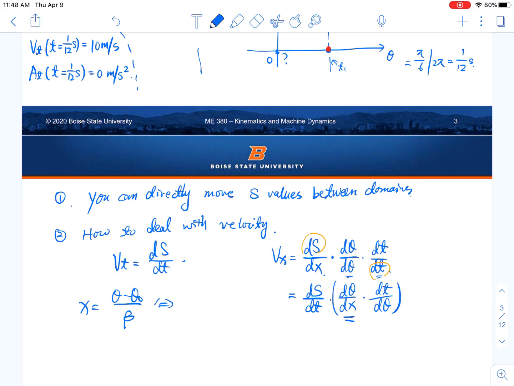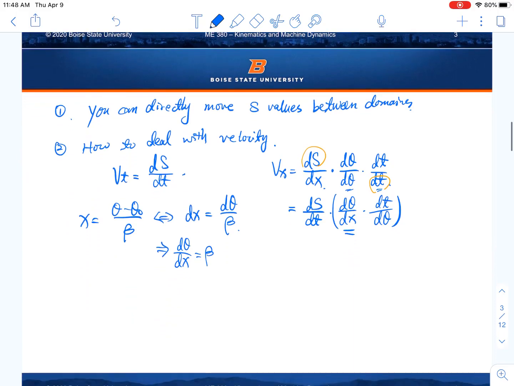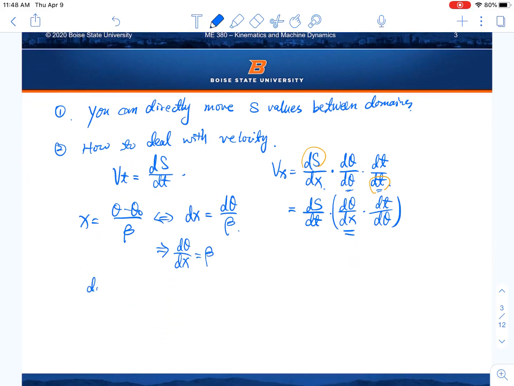If you're taking the derivative on both sides, you have dx equals d theta over beta. Because your theta naught is a constant, it's gone after one derivative. So in here, it gives us d theta over dx is beta, right? Okay, so what is dt d theta? It's just 1 over d theta dt. So that's 1 over theta dot.